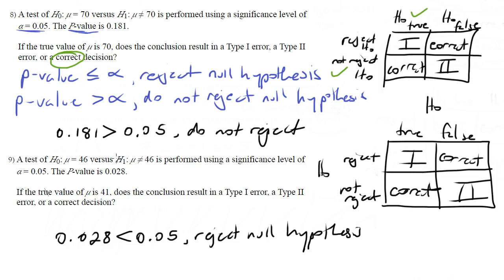Which matches with our alternative hypothesis. So that null hypothesis was false, because the null hypothesis says the mean is 46. But no, the mean is actually 41. But we rejected it. So the null hypothesis was false and we rejected it. So we made the correct decision again. We're correct.